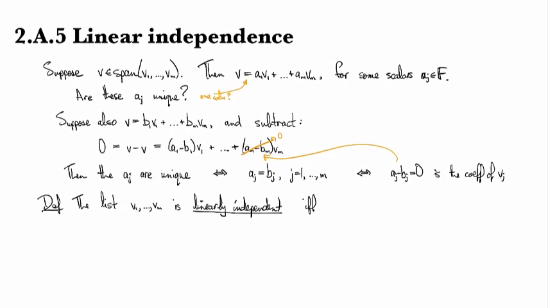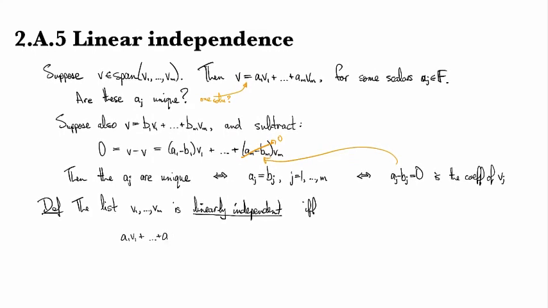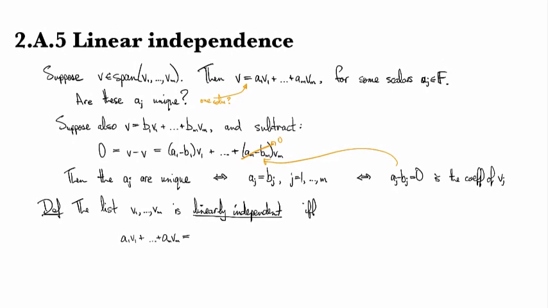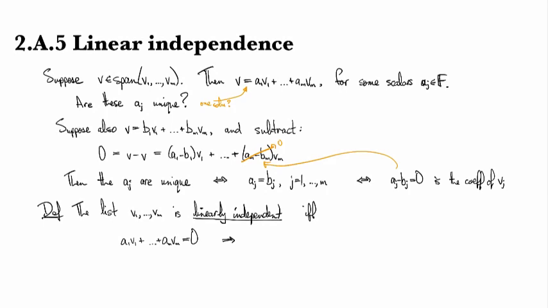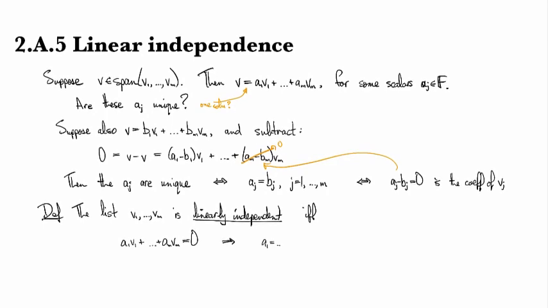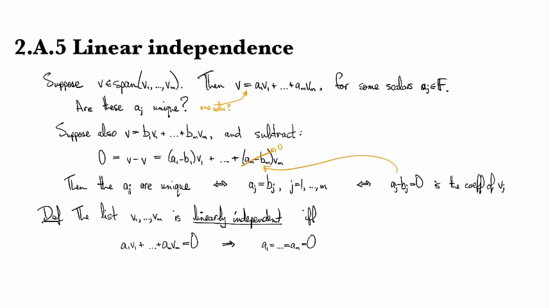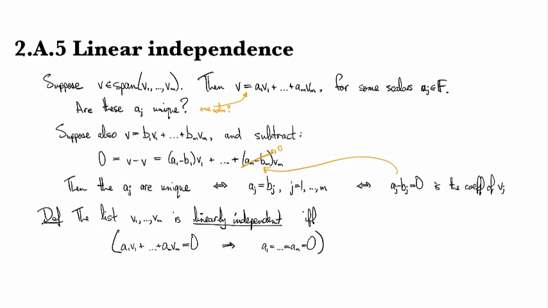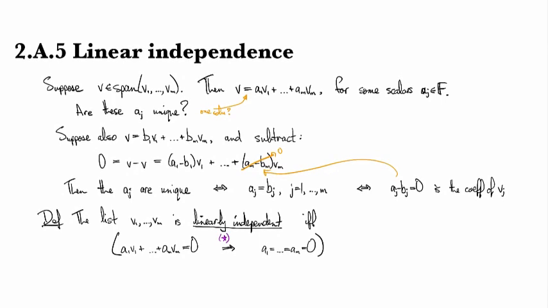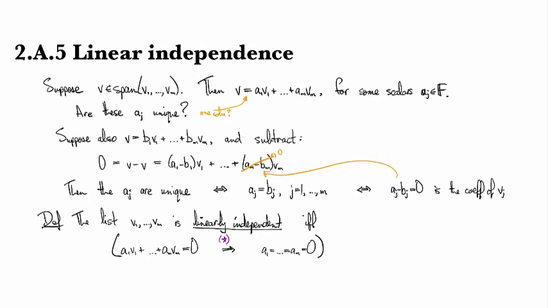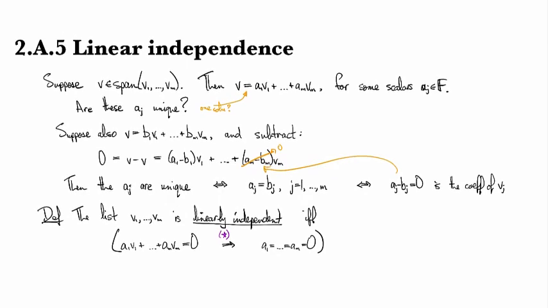So the most succinct way to write that is as follows. A linear combination of these things adding up to 0 implies all those coefficients are equal to 0. So this whole implication statement, this if-then type statement, which I'm going to call implication star for the moment, is the definition of linearly independent.